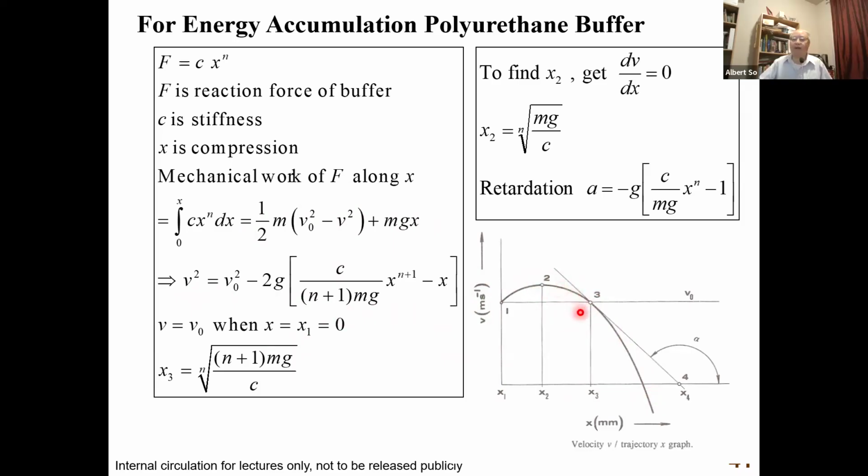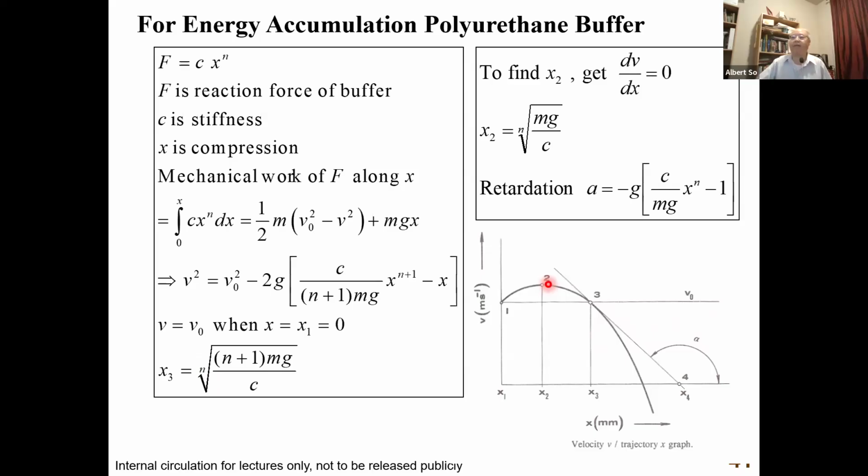So 3 means you just put V equals V naught square, then you'll get X. X equal to 0, or there's another solution, and this equal to this one. And to find 2, you just differentiate this equation, and you get dV/dx equal to 0, then you get X2. And this is the point where the speed is maximum.